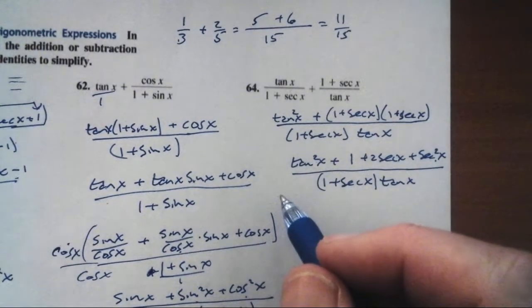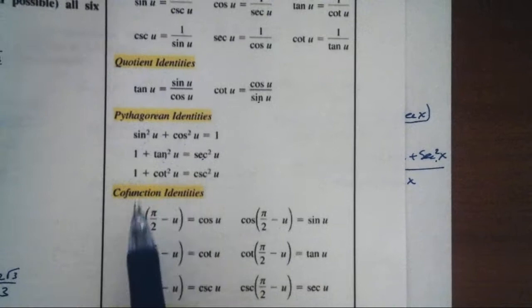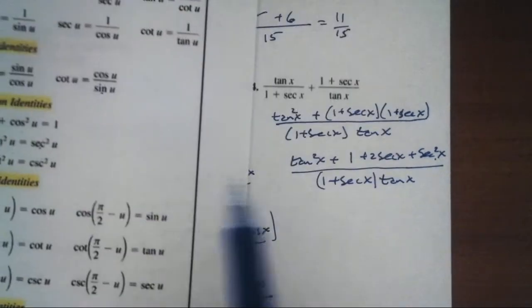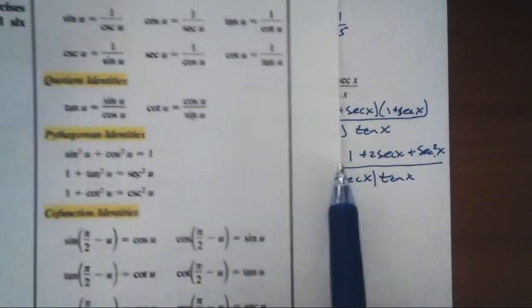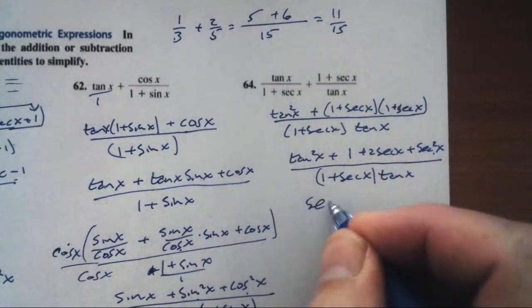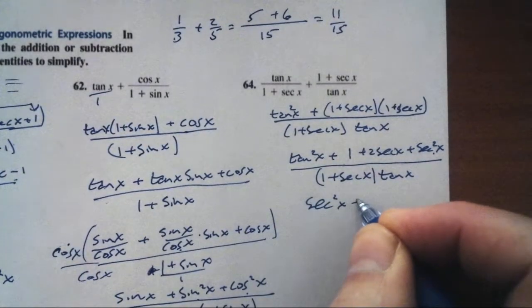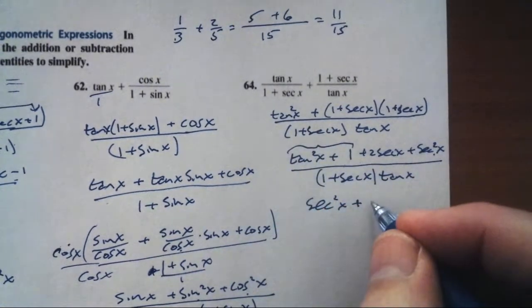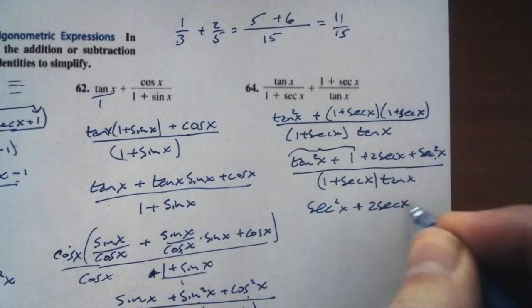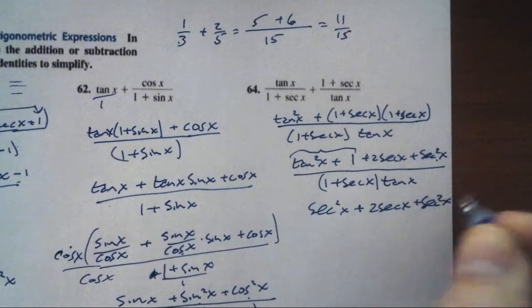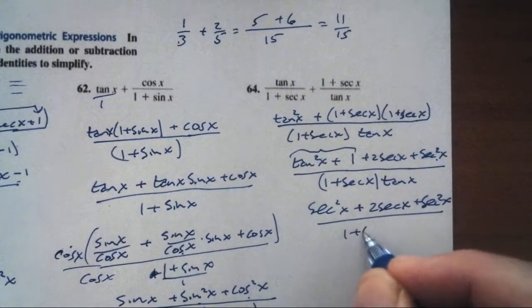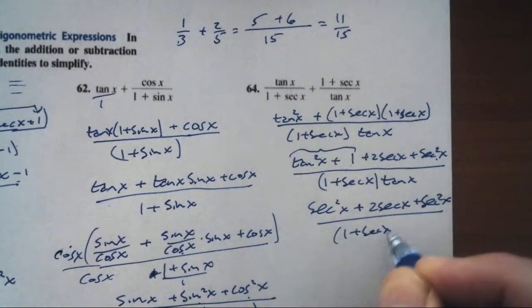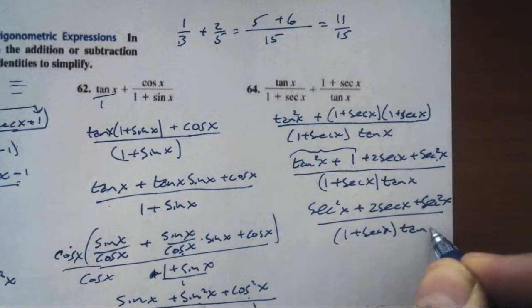So let's see. Tangent squared of x. Oh, and there's even a plus 1 with it. Tangent squared of x plus 1 can be turned into secant squared. So I get secant squared of x in place of this, plus 2 secant of x's, plus another secant squared x, all on 1 plus secant. I'm still holding out hope that maybe I can reduce the denominator.